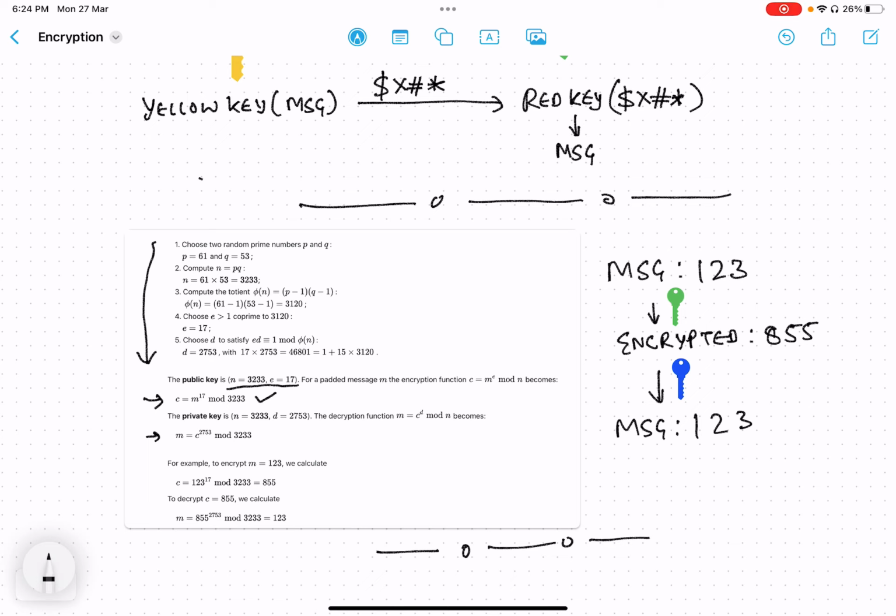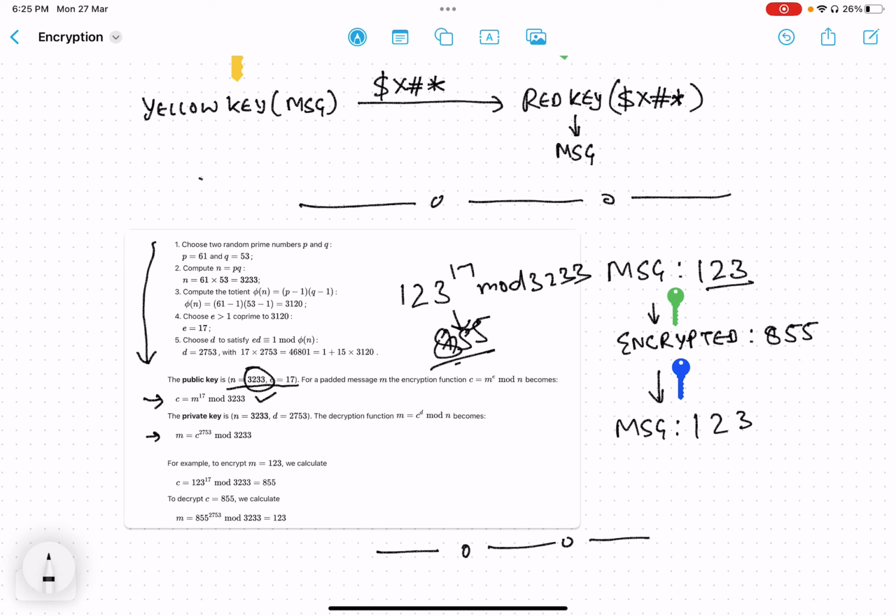If we want to send the message 123, we take this 123 and use this formula: to the power 17 mod 3233. So we get 855 back. Now anyone could get 855 back.